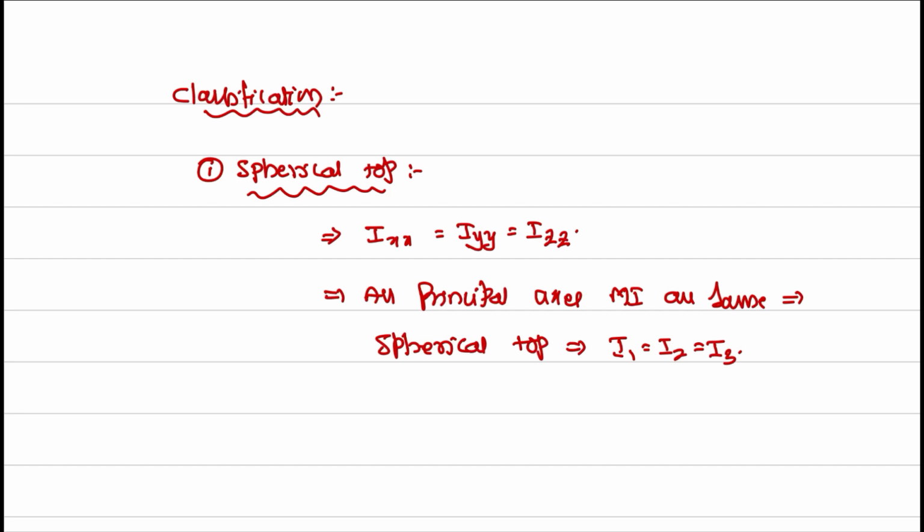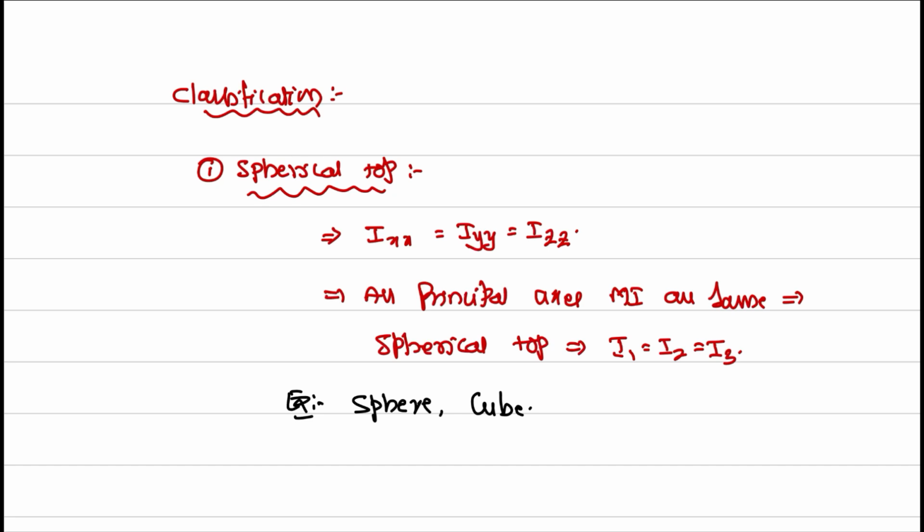Examples are sphere and cube. You just see from the moment of inertia tensor, it is already symmetric. Ixy is equal to Iyx.